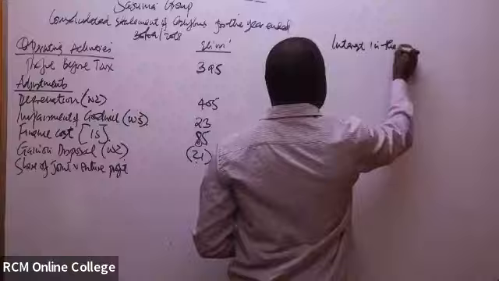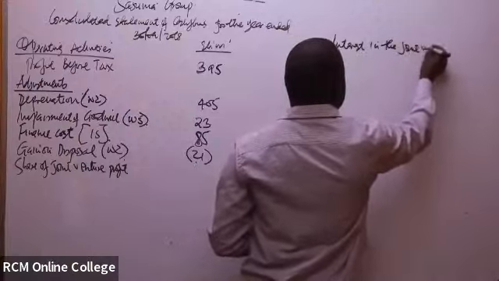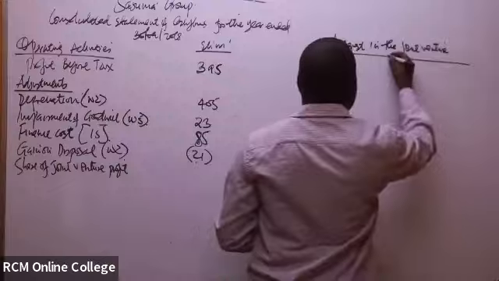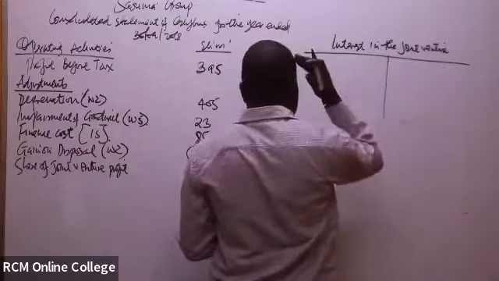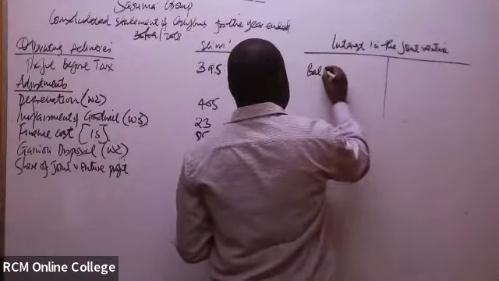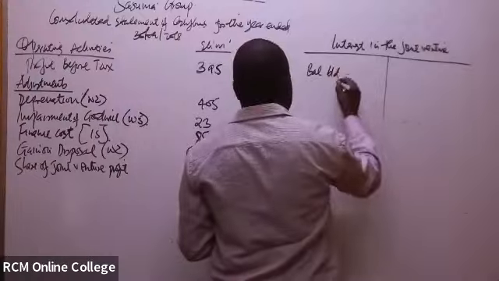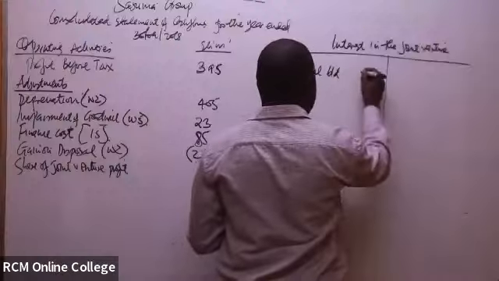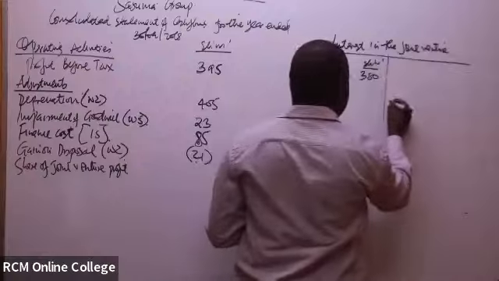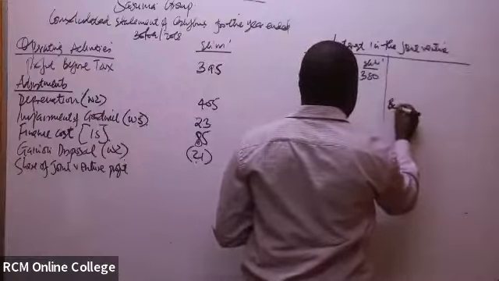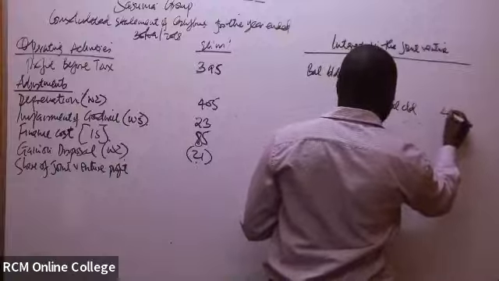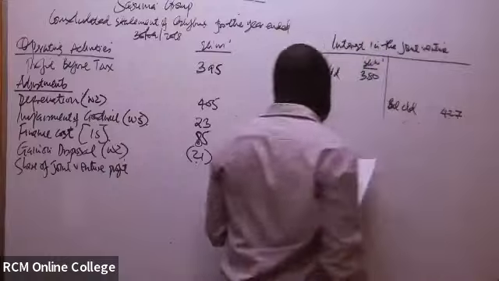In the interest in the joint venture account, the balance brought down is an amount of 380. Then the balance carried down at the end of the year is 427.